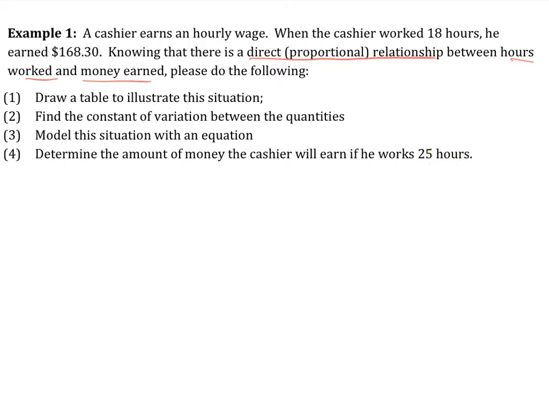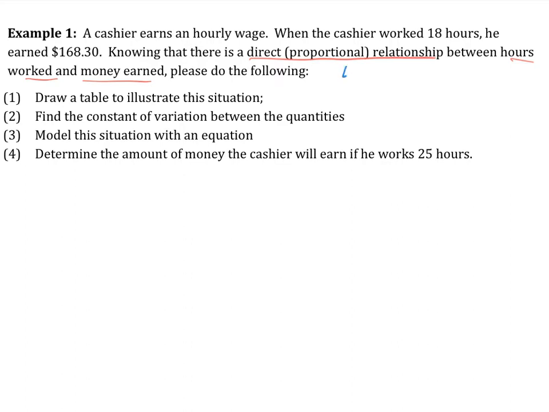So a lot of things are going on here, but the first thing I want to be able to do is to be able to talk about the quantities in this situation generally. So I want to introduce some variables. And I'm told there's a direct variation or proportional relationship between hours worked and money earned.